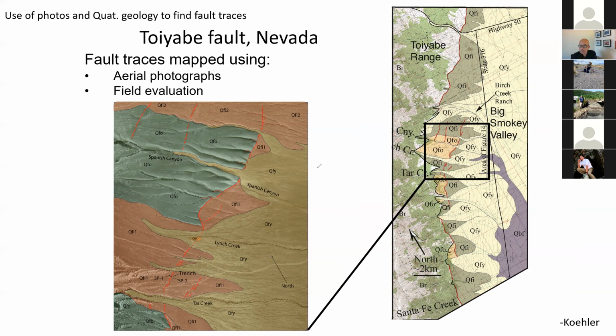If it's higher and older, the potential for incision is greater, so these deep channels cutting this old fan make sense, whereas there are no significant channels on the young fan except an active channel. The second thing is that once you leave that surface out in the desert for tens or hundreds of thousands of years, the surface starts to change.